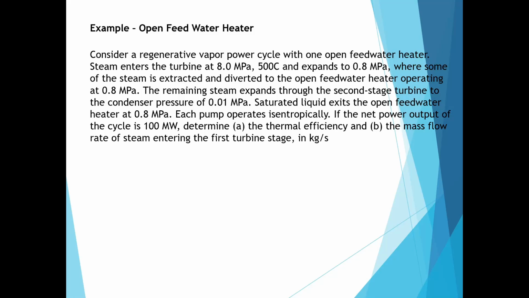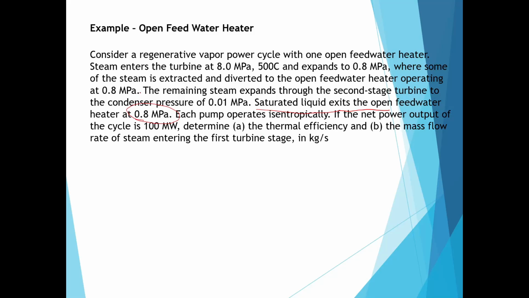Saturated liquid exits the open feed water heater. Now this part is important, right? The saturated liquid exits the feed water heater at 0.8 megapascal. Each pump operates isentropically. Why each pump? Because if you remember, the open feed water heater cycle should have two pumps.